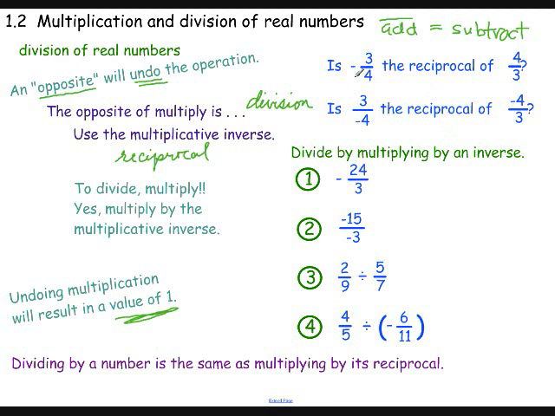Okay, let's go up here and look at reciprocals for a minute. Is negative 3/4 the reciprocal of 4/3? Well, not quite, right? Because we're not talking about the additive inverse, which would change the sign.